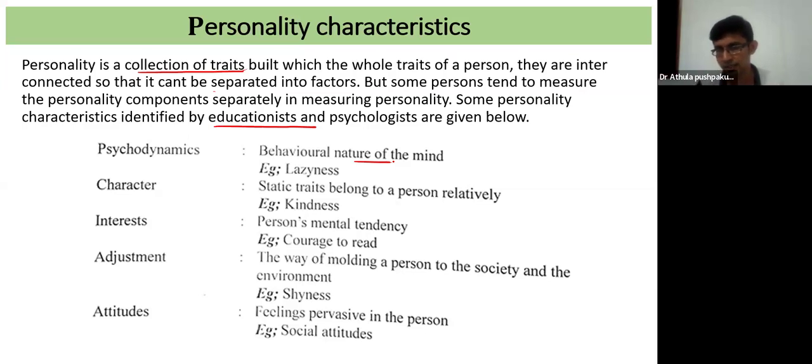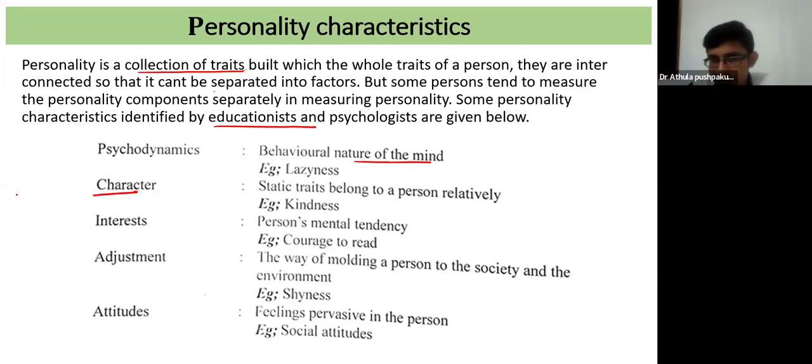Okay, this is a personality characteristic. Some persons can be identified as behaving independently. Independent means a state of mind, a behavioral nature of the mind. Right? Another one, character. I think you got the idea of the meaning of nature of the mind, right?